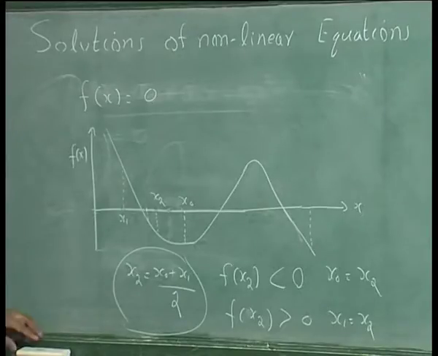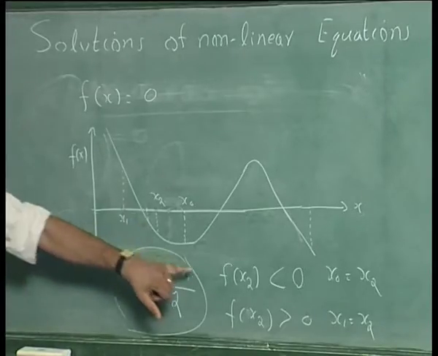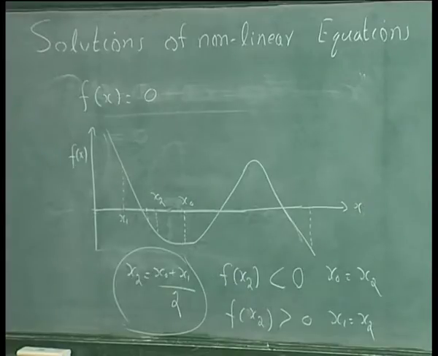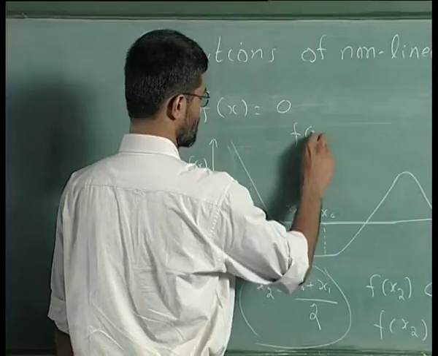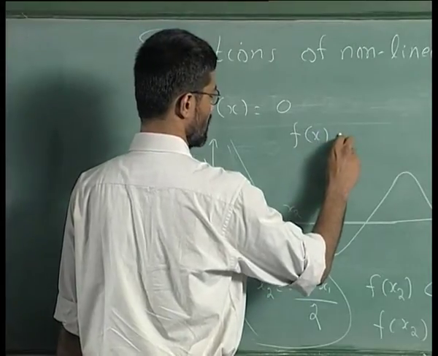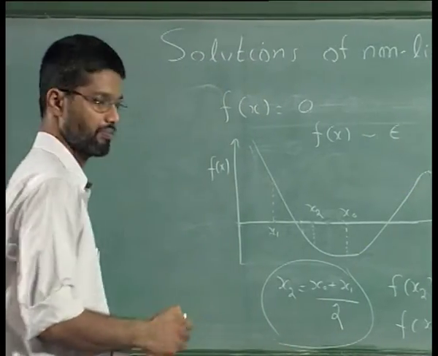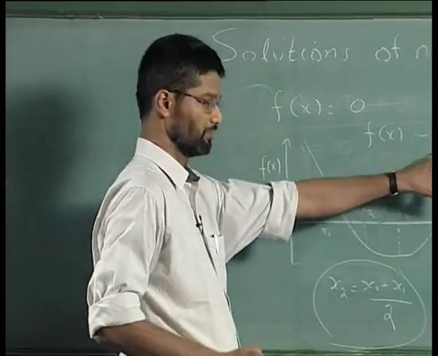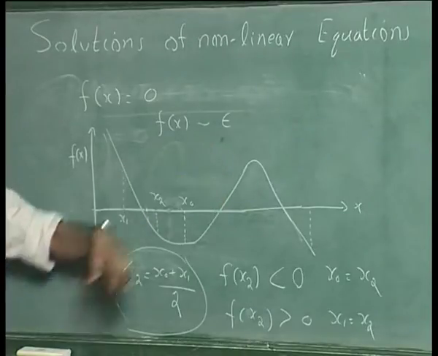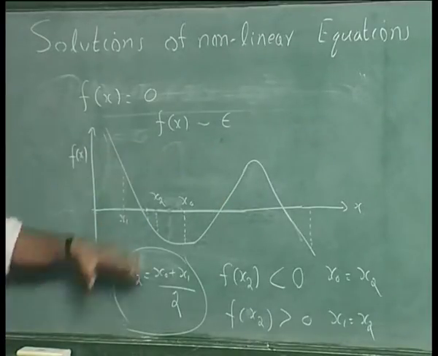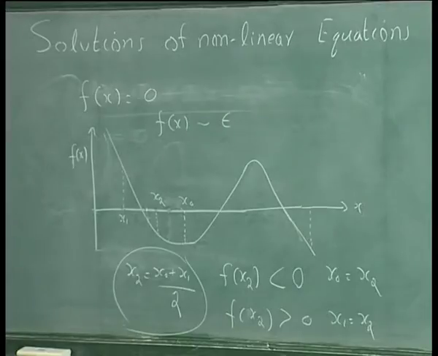We know that the function goes to 0 at that point, so I could say that when f of x is close to some epsilon, some small number within the machine precision, I can stop this iteration. That looks like a reasonable way of doing it.